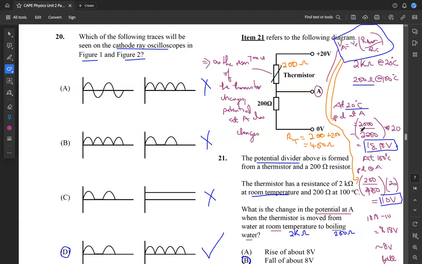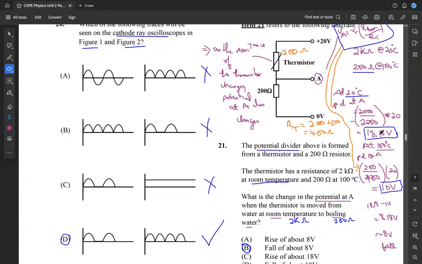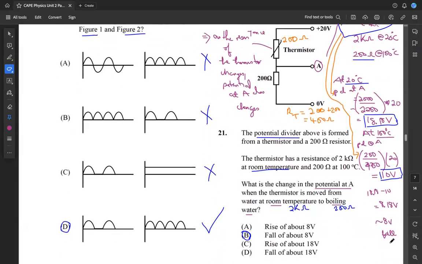As we went from 20 up to 100 degrees C, there was a decrease, right? There's a fall in the PD, in the potential. There's a fall from 18.18 to 10. That's 8.18 when you subtract 10 from that, and so that's roughly a fall of 8 volts, right? And so when we look here, we see that fall of about 8 volts. So B is our answer. That's how we ended up selecting B, okay?